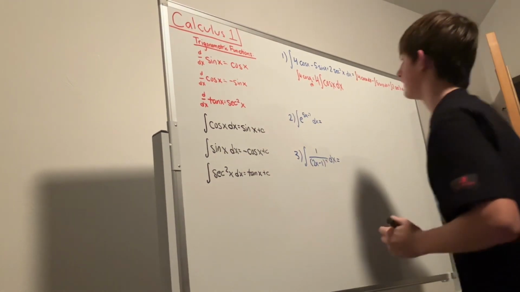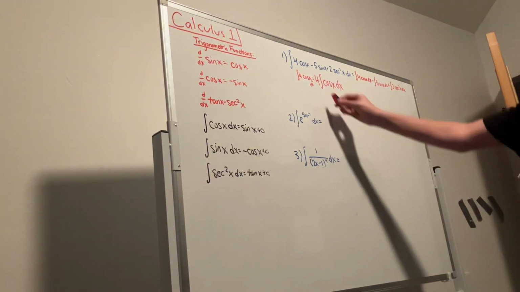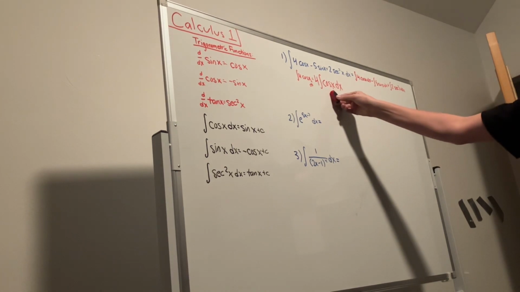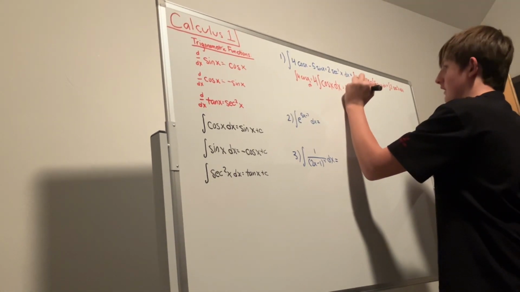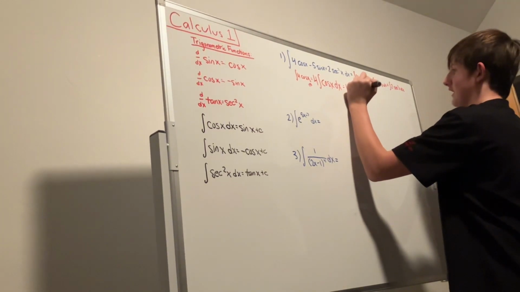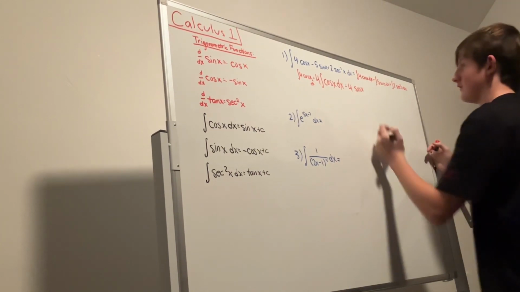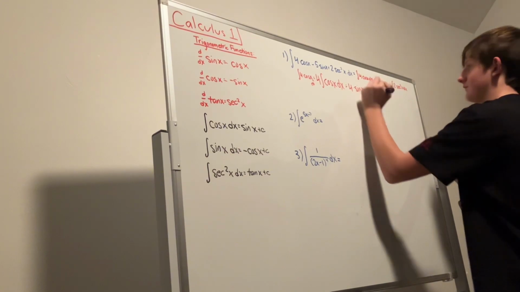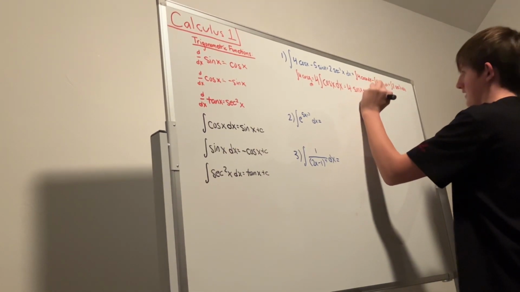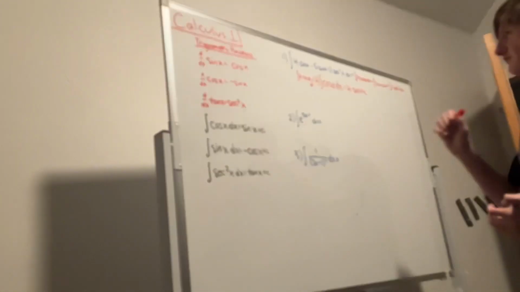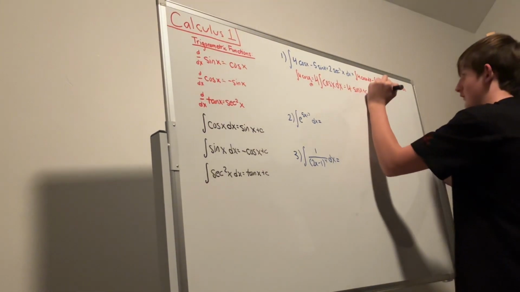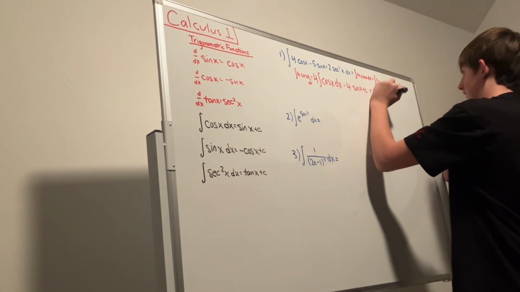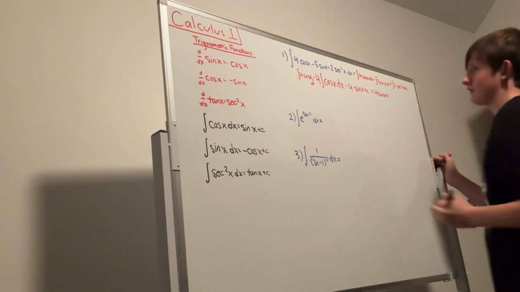So it's 4 times the integral of cosine x dx, which equals 4 times sine x plus c. So this first part is going to equal 4 sine x plus c.